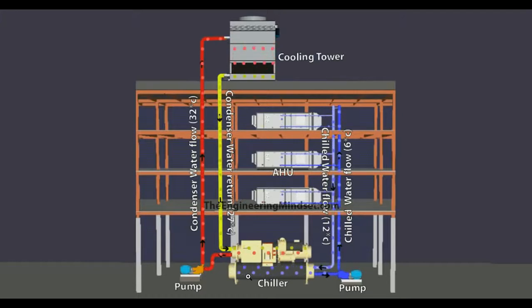So in the chiller, the chilled water which is produced in the evaporator is leaving, you can see here, at about 6 degrees Celsius. And this centrifugal pump is then pushing that water around the building, where it enters into these AHUs that collect up all the unwanted heat within the building.